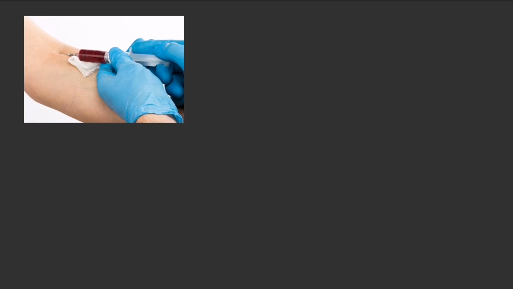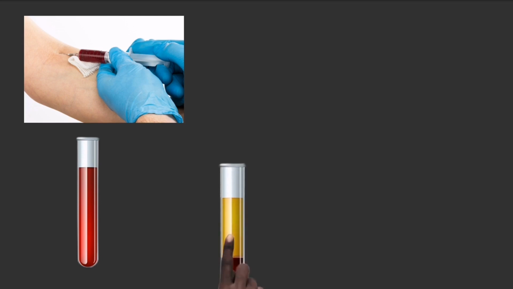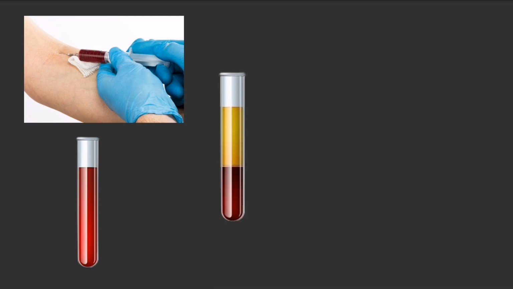As an illustration of the various compositions of the blood, whenever we do a venipuncture and take blood from a patient and put it in a bottle, we can centrifuge, or spin, the sample in the bottle. When we centrifuge it, we will find that the red cells will separate and settle at the bottom, and then the plasma would be on top.